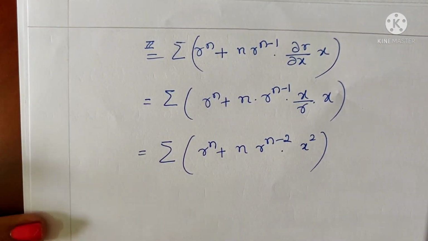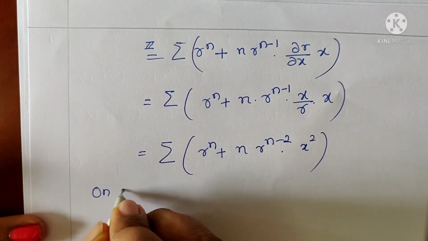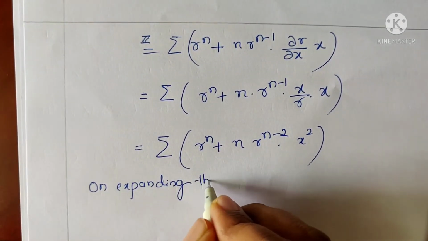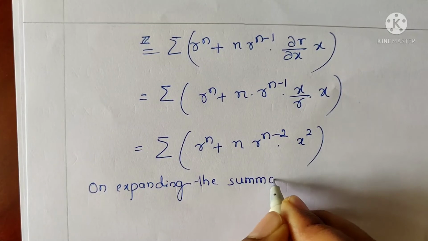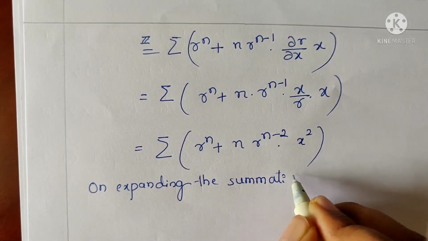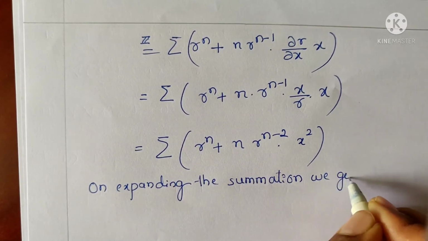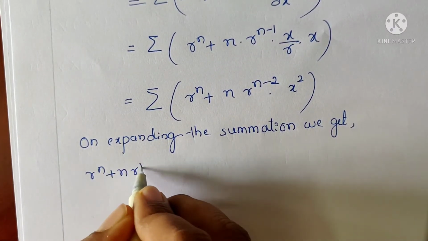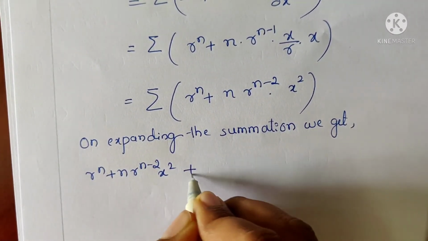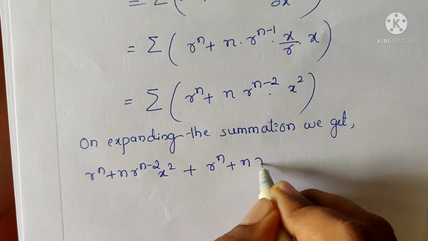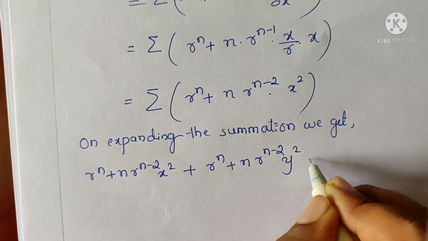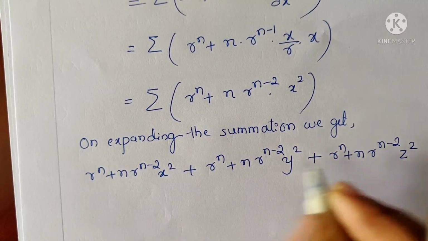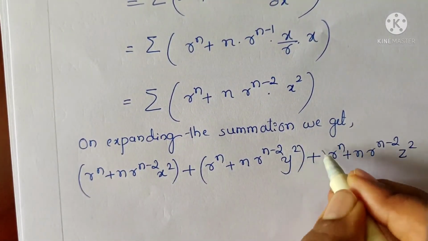So now when you expand the summation, we get r^n plus n into r^(n-2) x square plus r^n plus n into r^(n-2) y square plus r^n plus n into r^(n-2) z square. These three terms.